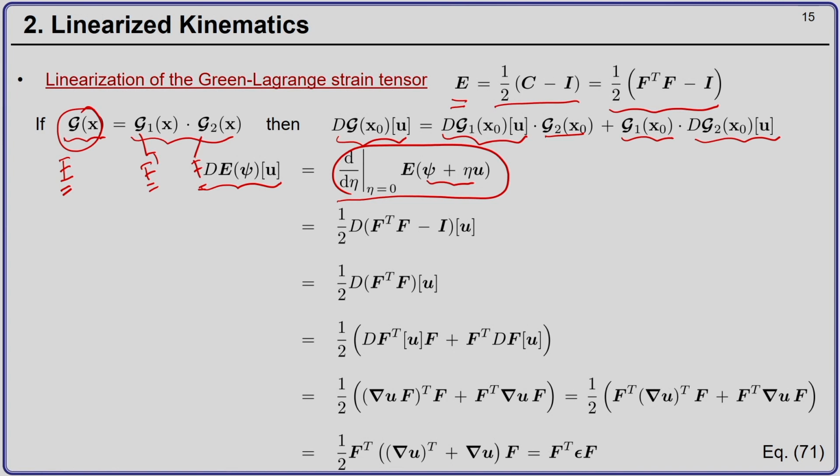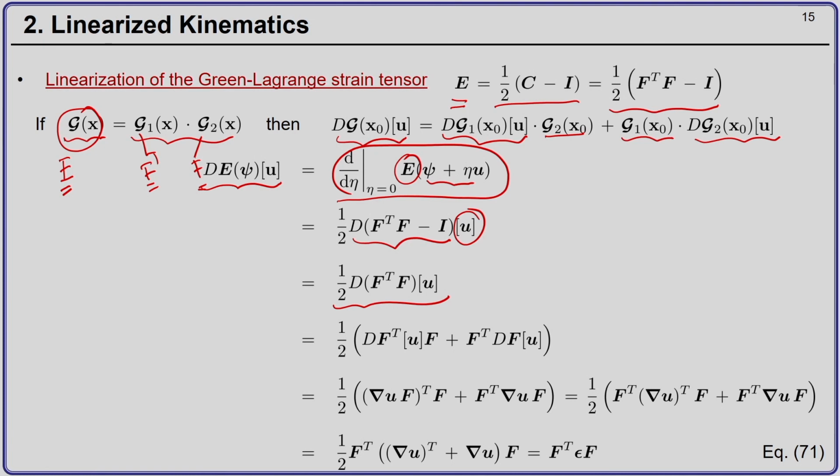If I substitute for E here, I have to compute 1/2 times the directional derivative of F transpose F minus I at psi in the direction u. Now, I is an identity tensor which is constant, so its directional derivative in the direction u is 0. That takes away, and we have 1/2 the directional derivative of F transpose F in the direction u.